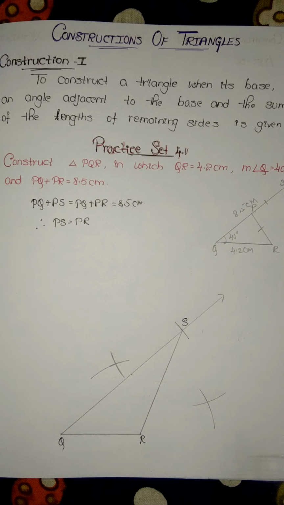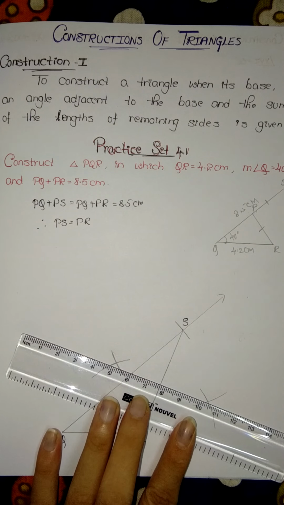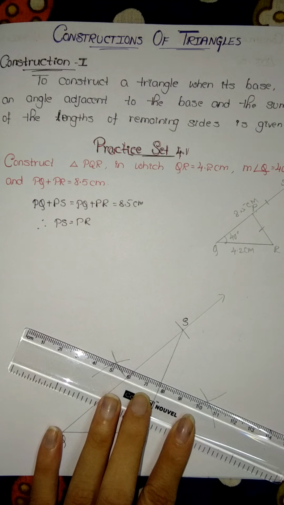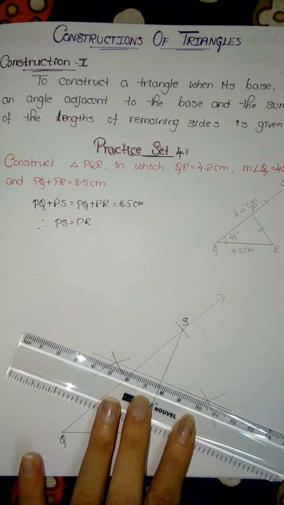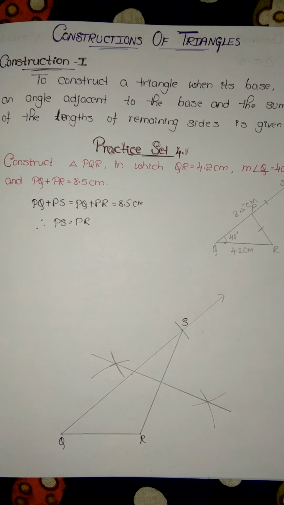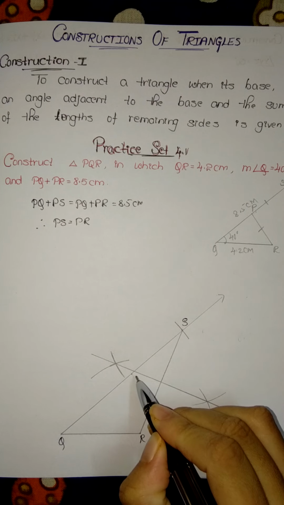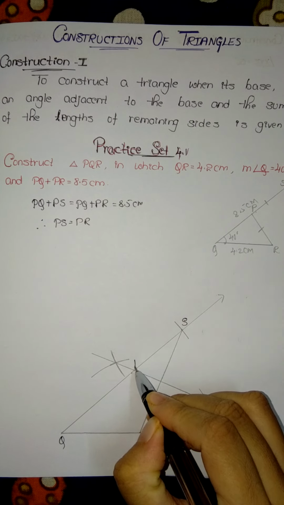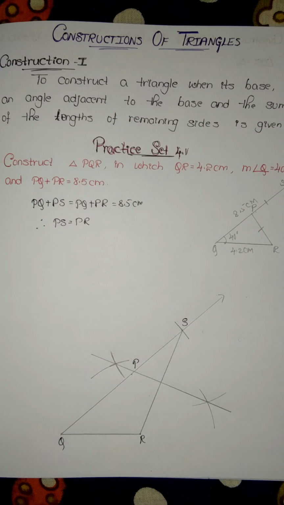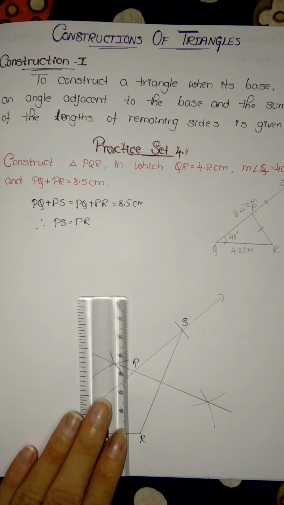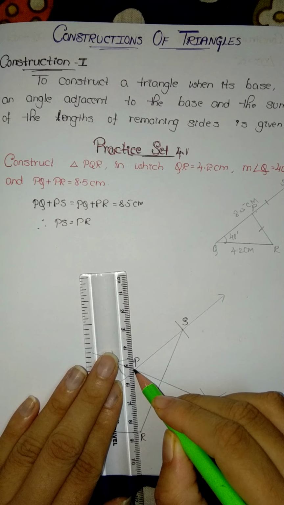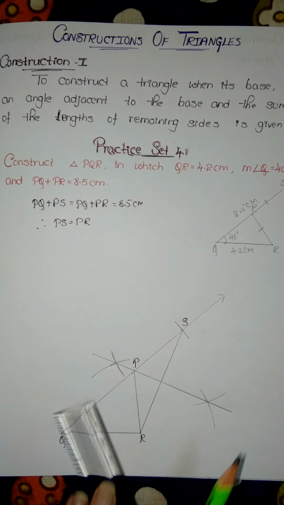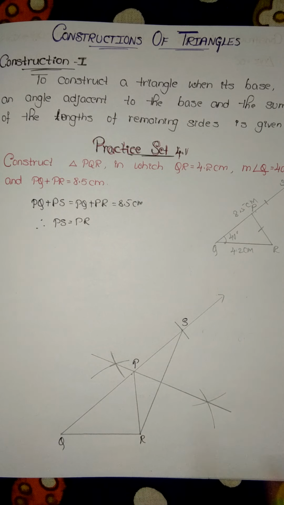Now join these two. Now name the point of intersection as P and join P and R. So this is the triangle PQR.